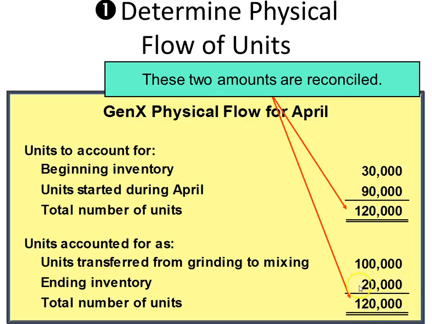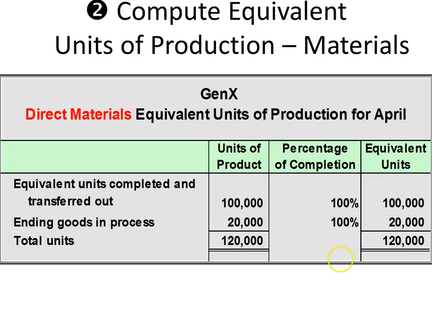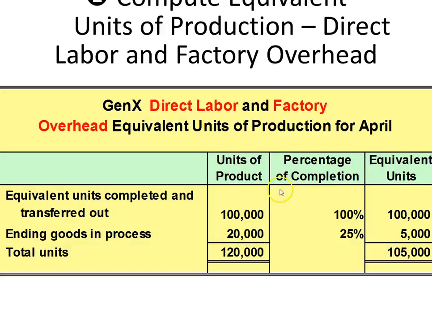So the units, I think a good way to look at it is percentage of completion would be the amount of equivalent units. Here, if its percentage of completion is 100%, that is your equivalent units. Here it's 25% times this number to get the 5,000, then you would add it up.